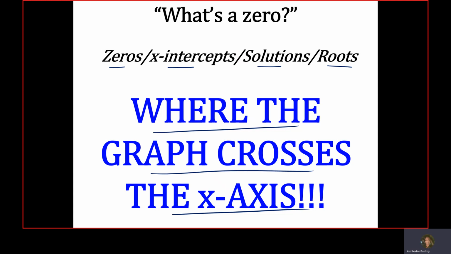Some of you are writing it down, some of you are not. The line that separates the words right here, what is this? The slash. So when you're taking notes, what does the slash mean? It means the same, right?